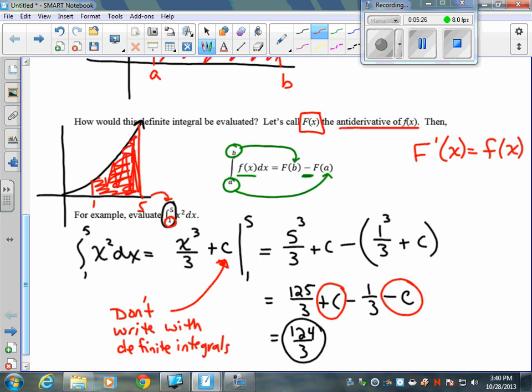This area is going to be positive, and let me explain why. Two reasons: it's above the x-axis, but the second reason is about the bounds. If I talk about my change in x, I'm going from here to here, my change in x is positive.